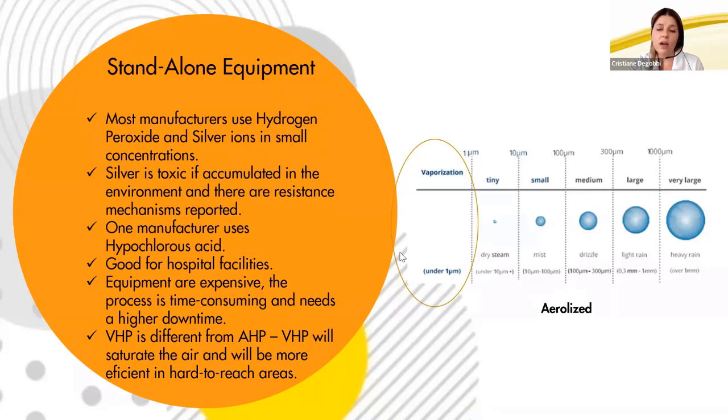And also, it depends on the manufacturer's instructions, but after half an hour, you need to go back there and measure the hydrogen peroxide concentration in the air to see if it is at a safe level. So it's not like you turn it on, you leave the facility, and then you come back after 2 hours and you are done. No, you need to monitor as well.